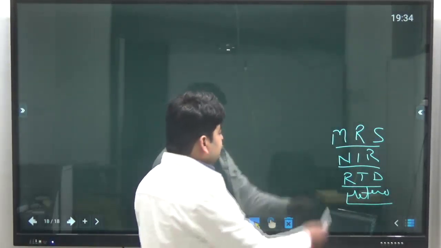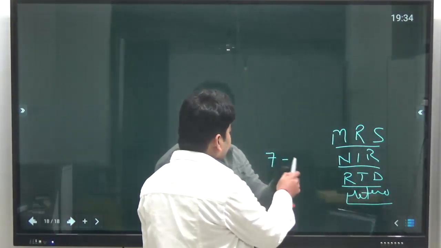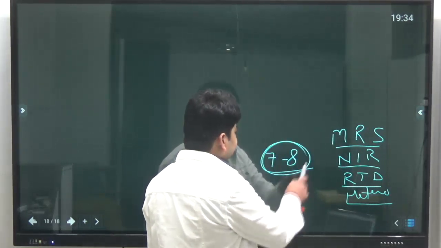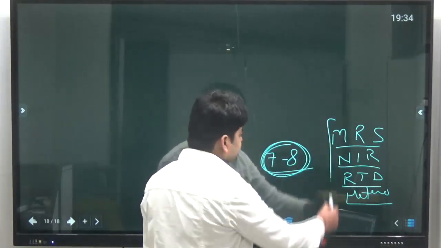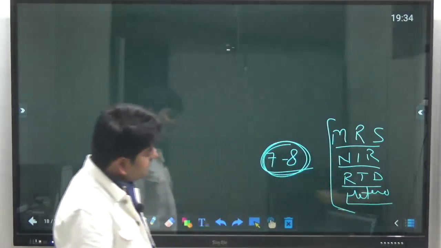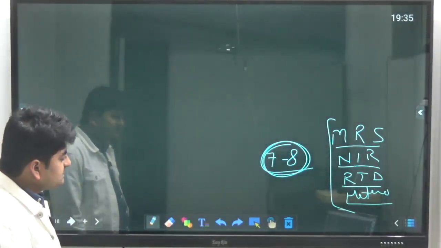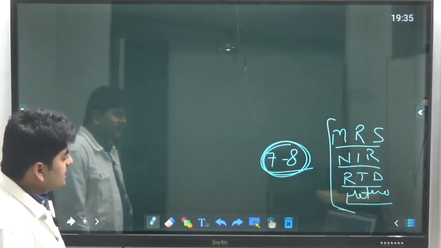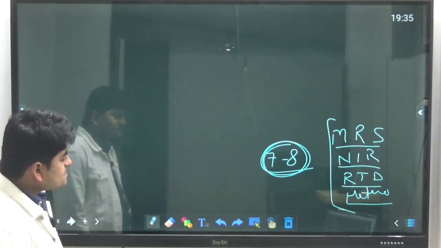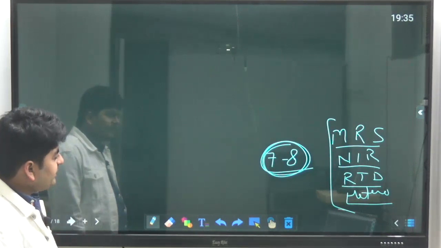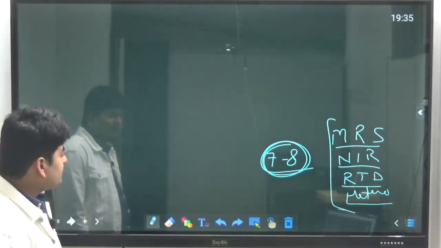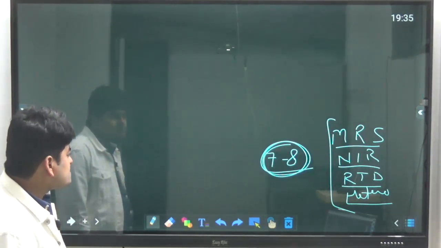And all these 4 topics has the weightage about 7 to 8 marks in GATE exam. हाफ एन आवर में क्या कंप्लीट हो सकता है? आरटीडी हो जाएगा, नॉन आइसोथर्मल भी हो जाएगा.